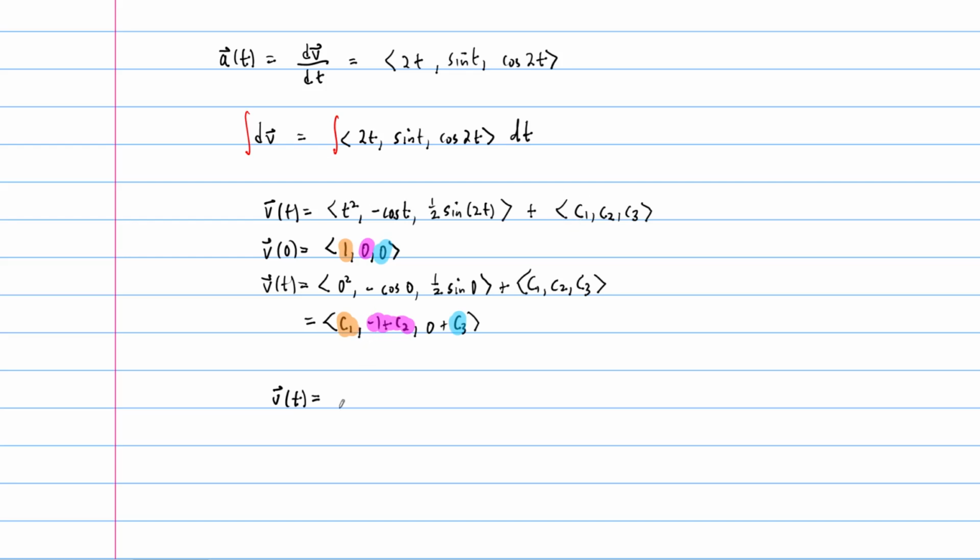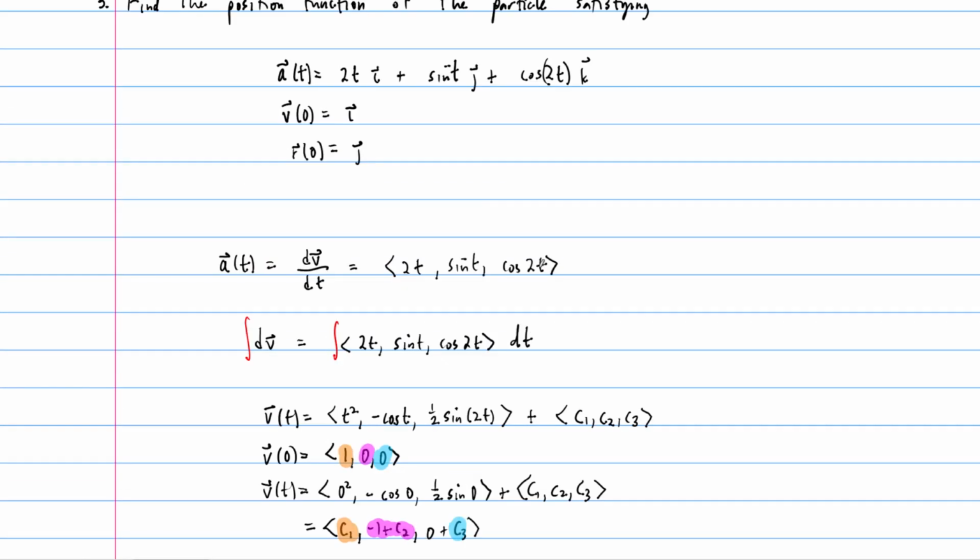I'm going to add these constants component-wise. So we end up with t squared plus 1 in the first component, minus cosine of t plus 1 in the second component, and in the third component plus this constant 0, so just 1/2 sine of 2t.